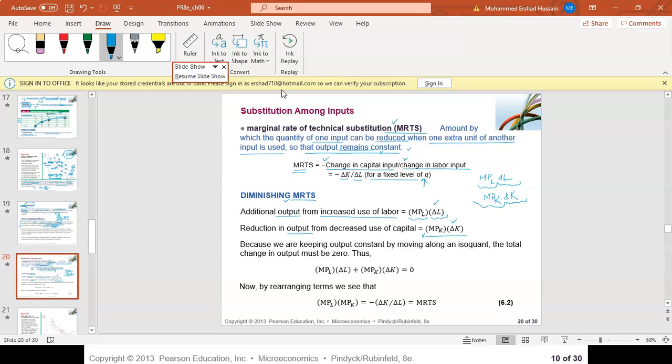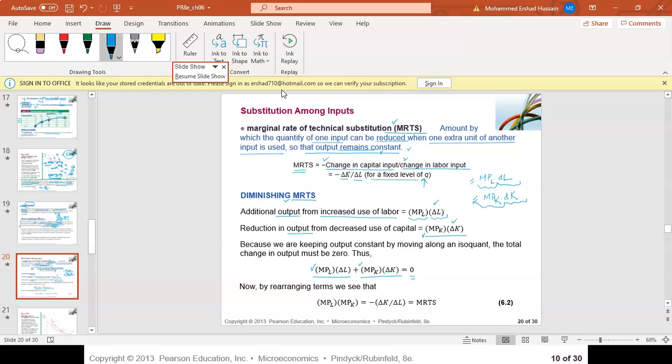Delta K tells us how much capital we decrease, and the marginal product of K tells us how much output will decrease for each unit of capital reduced. Likewise, MPL multiplied by delta L tells us how much output increases when we increase labor by delta L. Then we add these together: the gain in output from increasing labor and the loss in output from decreasing capital is 0 along the same isoquant.